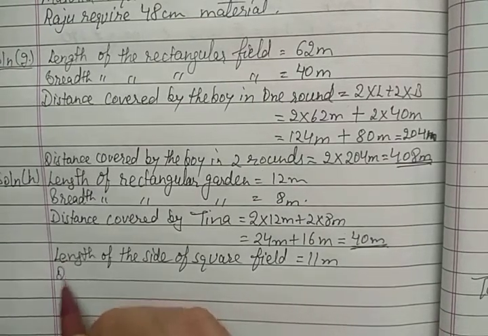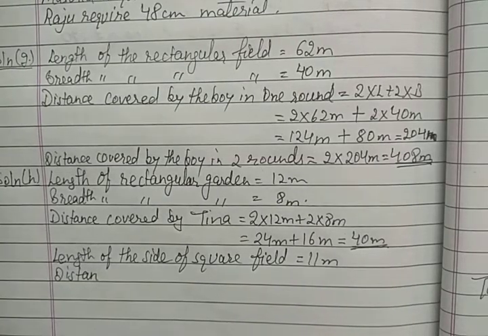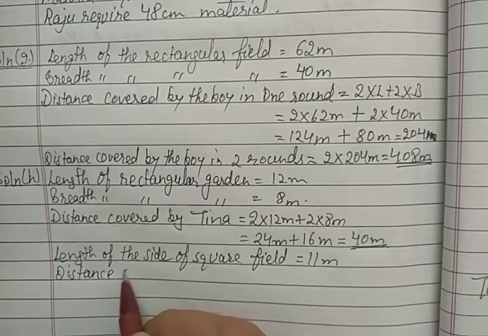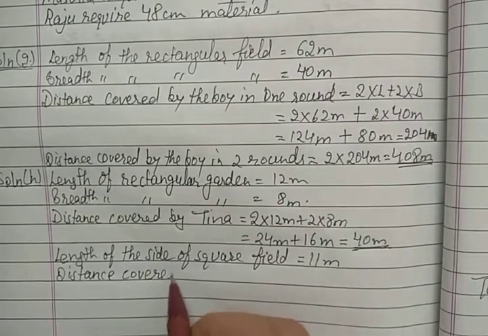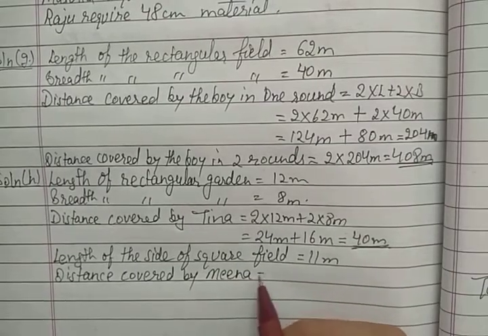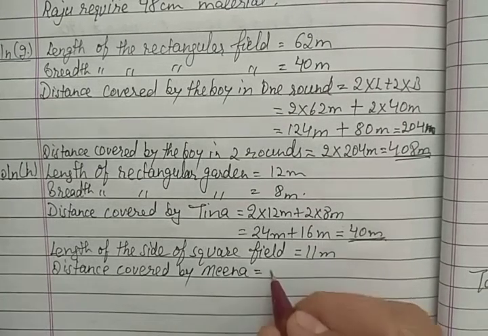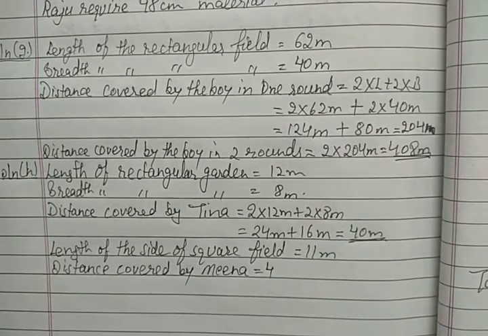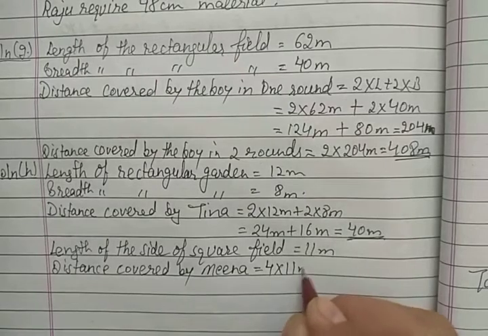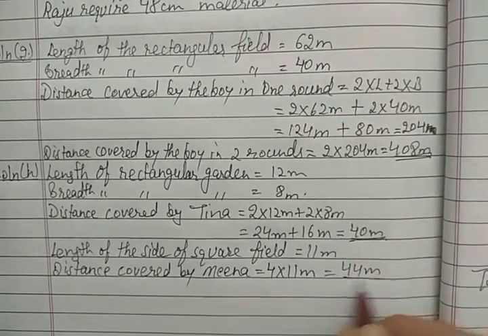And we don't need the breadth, because length and breadth are equal in case of square. Distance covered by Meena. How much distance did she cover? That is equal to the perimeter of the square, 4 multiplied by side, that is 44 meters.